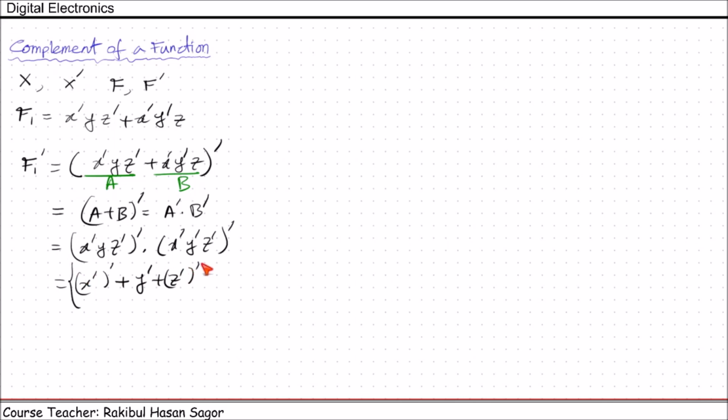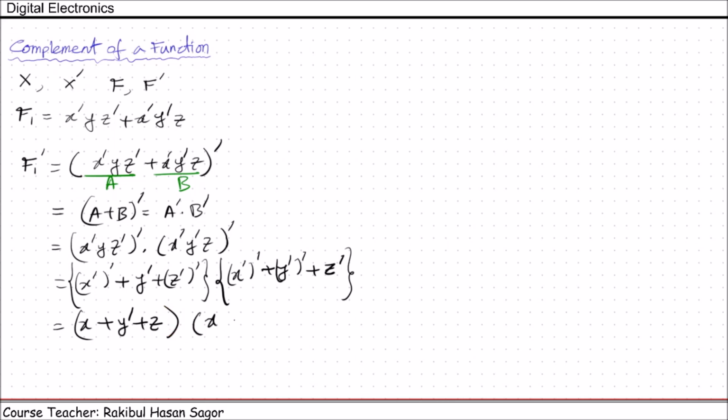So this is one set, and another set x prime prime plus y prime prime plus z prime. Here the prime will not be there. Prime will cancel out. So you will have x plus y prime plus z and x plus y plus z prime. This is the complement of function f1 in POS form.